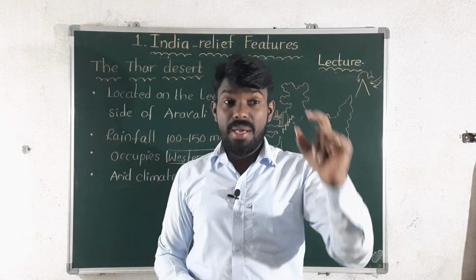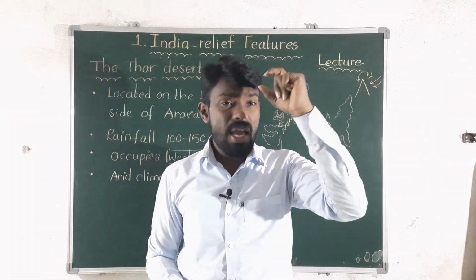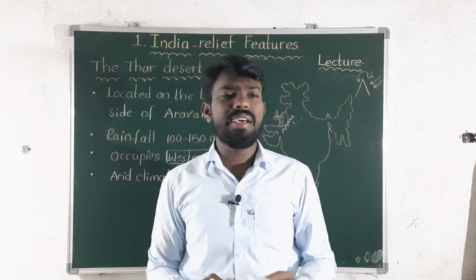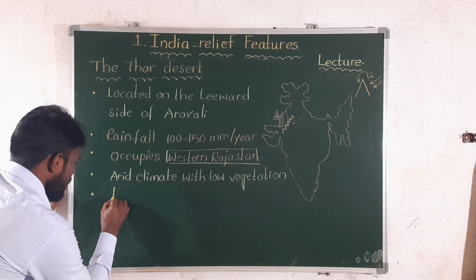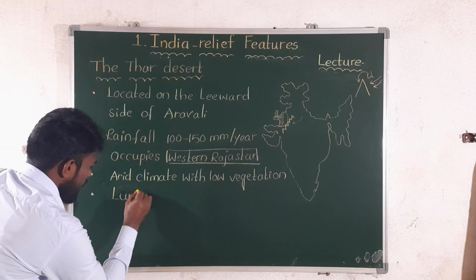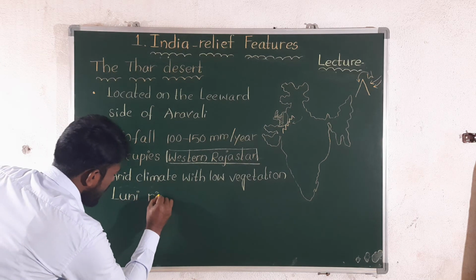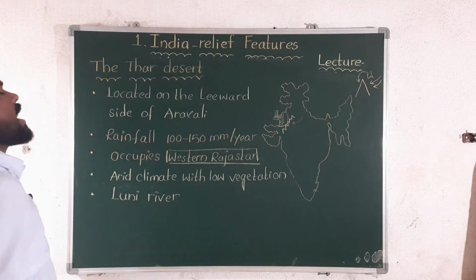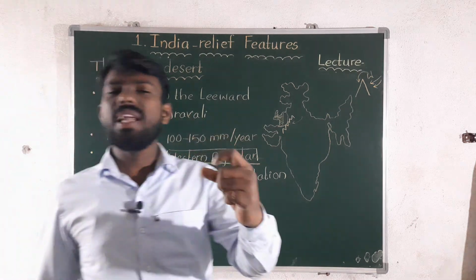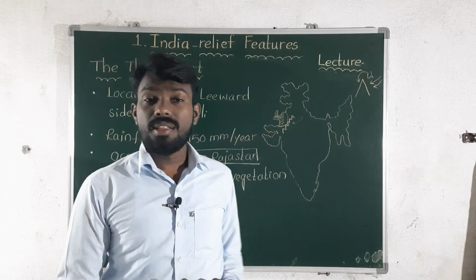Most importantly, the Luni River is the only river that flows in the Thar Desert.